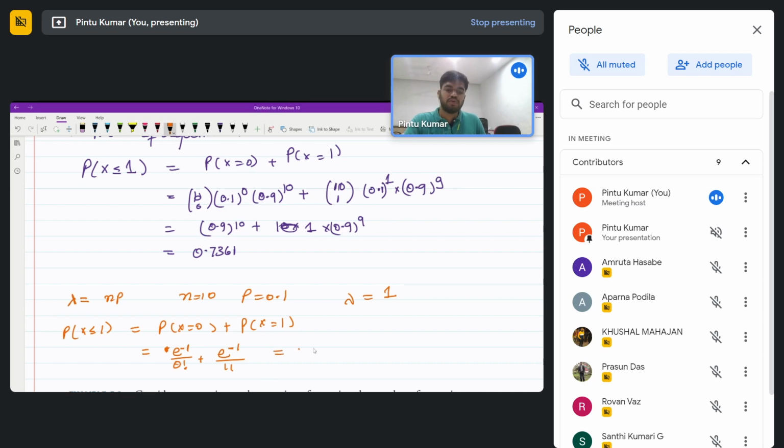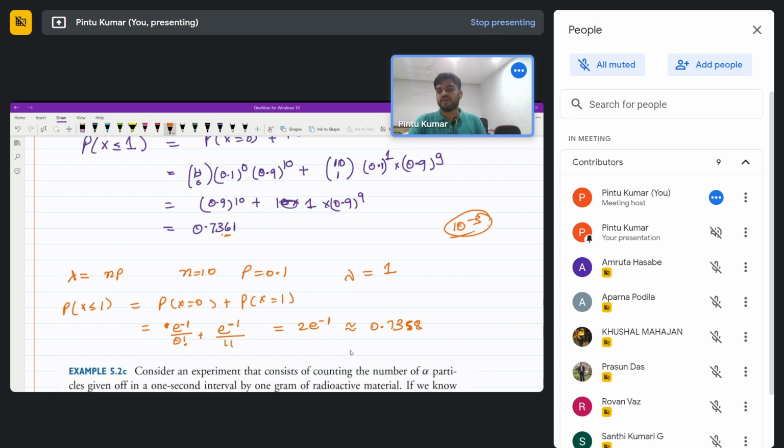This is nothing but 2 e to the power minus 1, which is approximately 0.7358. So you can see that the approximation we got is quite close. It is an error of about 10 to the power minus 3, so you can still accept this. Based on your application, you can either accept it or not.